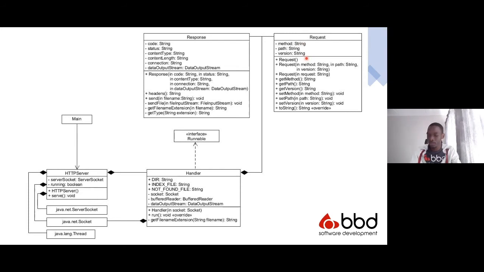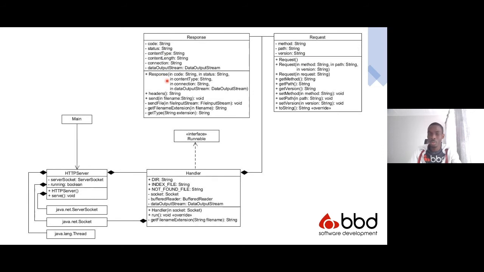So for example, if the client is looking for an index.html page, that path will be /index.html. If the server sees that the file is available and it's actually a get method, because for our server we're just handling the get method since it's a small server, meaning that the index.html file is on the server, it will create a response object.